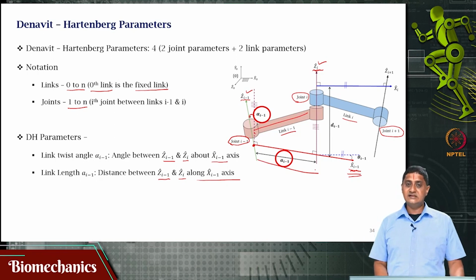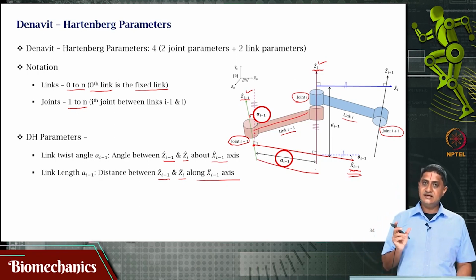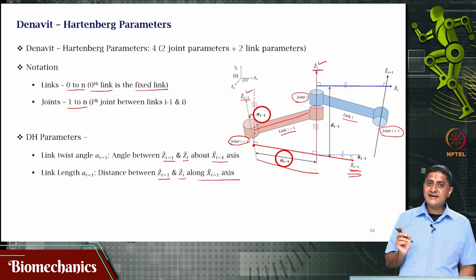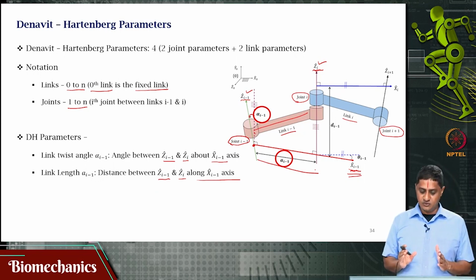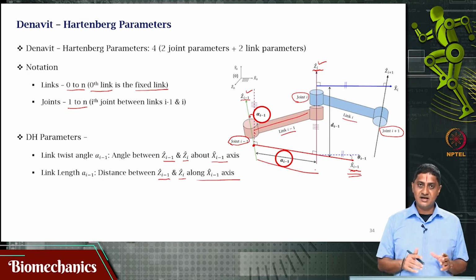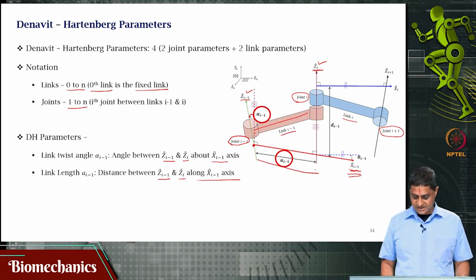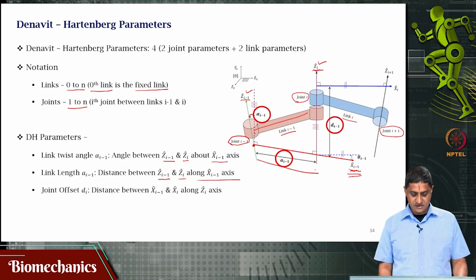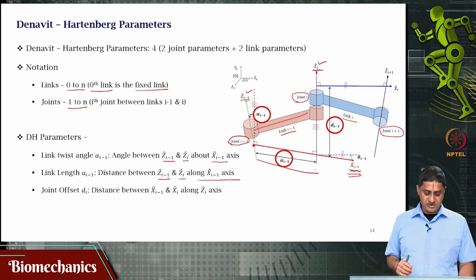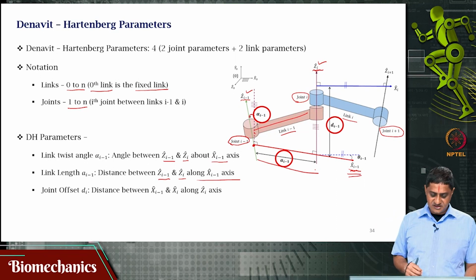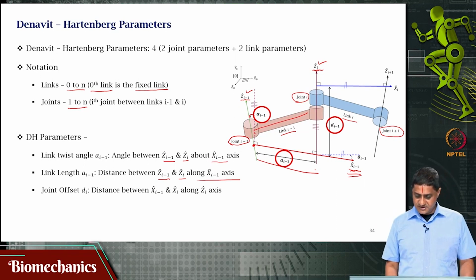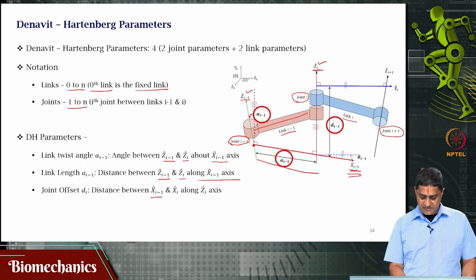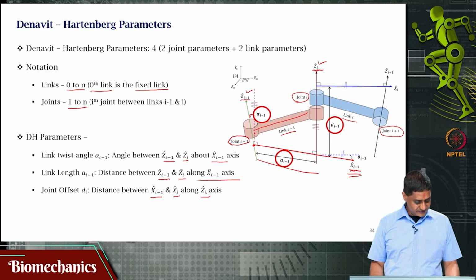Something to keep in mind, that the link length is the distance between the two axes z i minus 1 and z i along the x i minus 1 axis, that is called link length. And then there are 2 joint parameters, joint offset d i, which is the distance between x i minus 1 and x i along the z i axis.